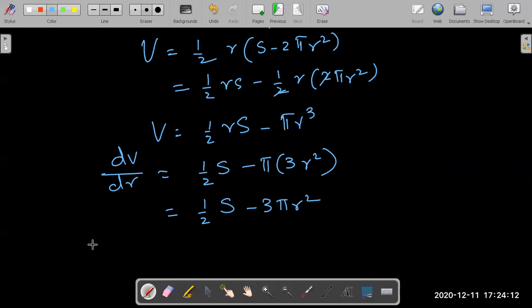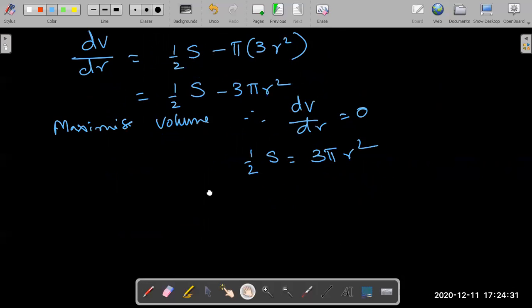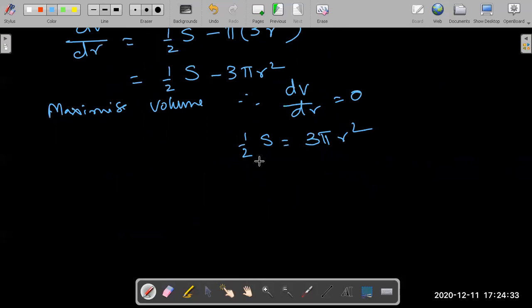But we have to maximize volume. Therefore, dV by dr should be equal to 0, which means half S equals 3 pi r square. So we need to substitute what S is equal to.